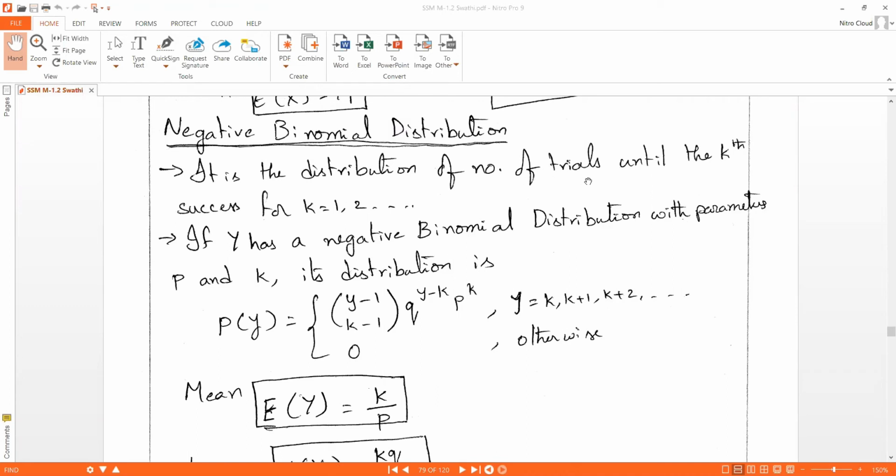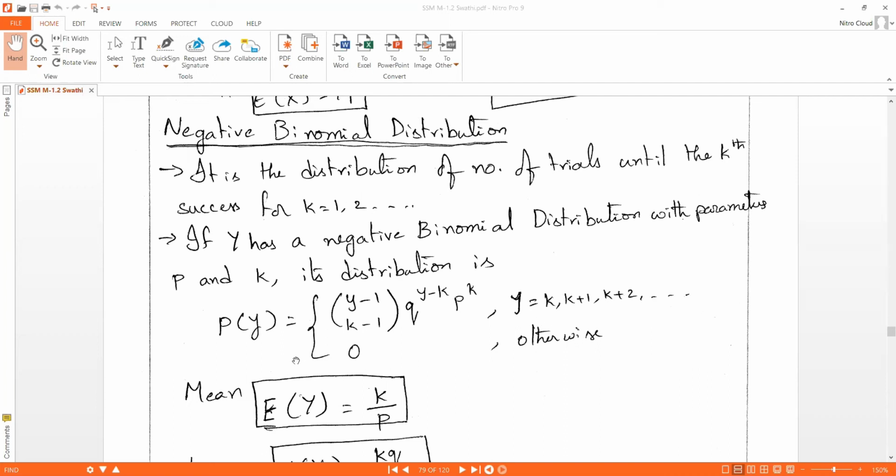Next is negative binomial distribution. It is a distribution of number of trials until kth success for k equal to 1 to infinity. If y has the negative binomial distribution with the parameters p and k, its distribution will be written like this: P of y is equal to (y minus 1 choose k minus 1) into q power y minus k into p power k, where y equal to k, k plus 1, k plus 2, k plus 3 until infinity.